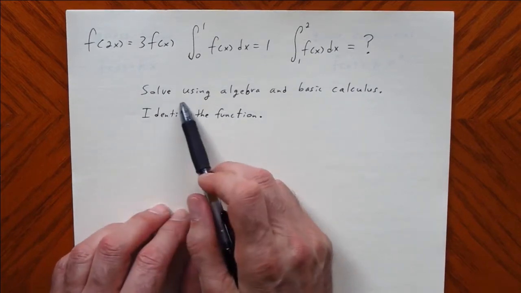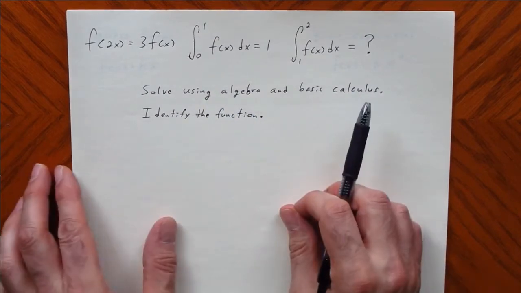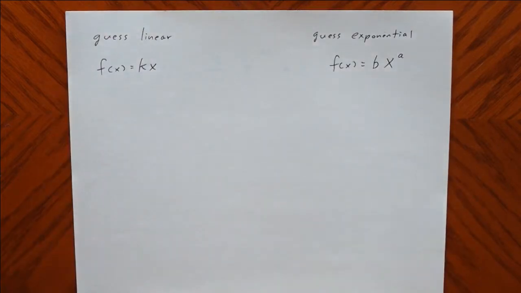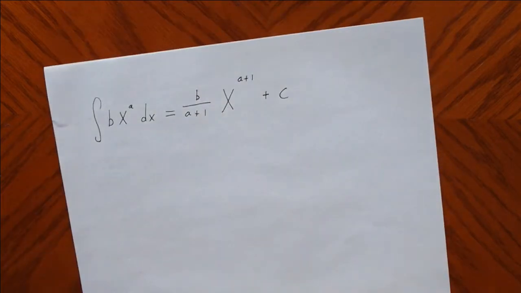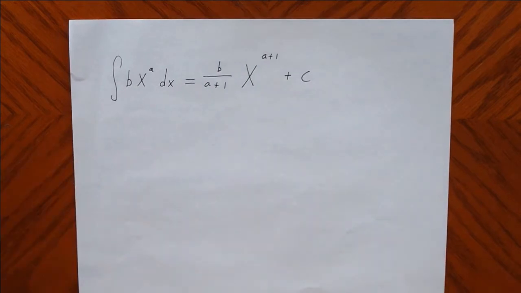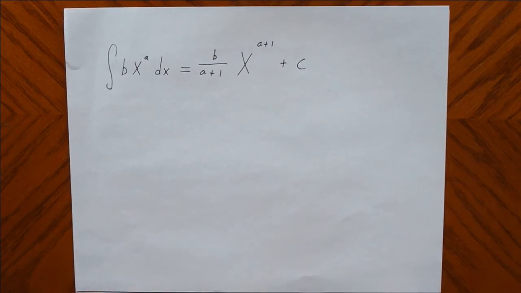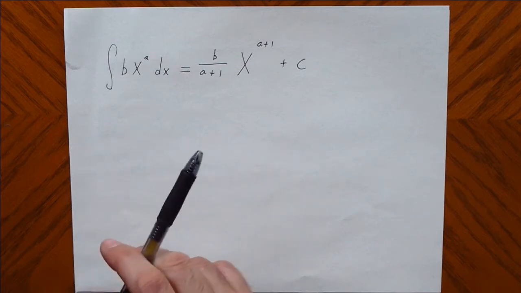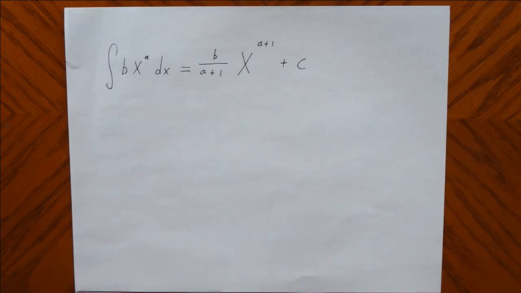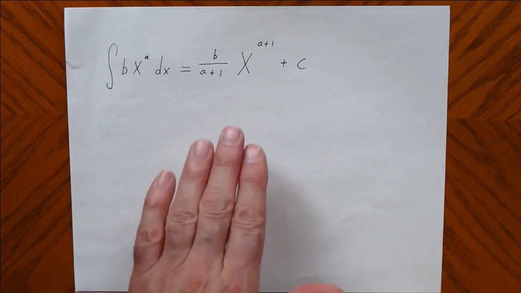Now, when I say we're going to solve using basic calculus, does anybody remember that? Okay, that is a basic rule of integration. You probably learned that around second or third week into calculus. I mean, that is simple and basic. This right here is all the calculus we're going to need. We don't need any more than that.